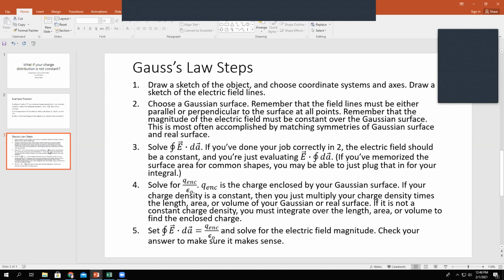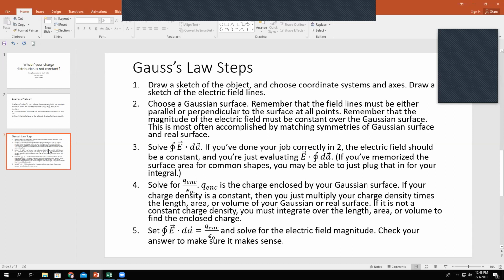The rule of thumb for Gaussian surfaces is that the field lines have to be either parallel or perpendicular to the area vector for the surface at all points. Remember also that the magnitude of the electric field has to be constant over your Gaussian surface. This most often happens when you match the symmetry of your Gaussian surface to your real surface's symmetry.